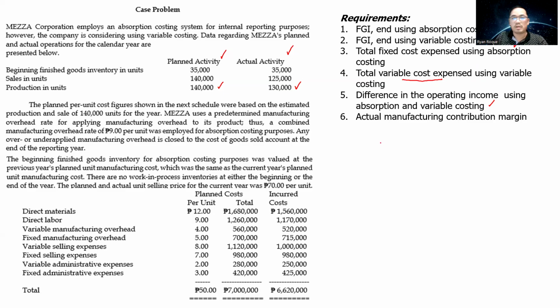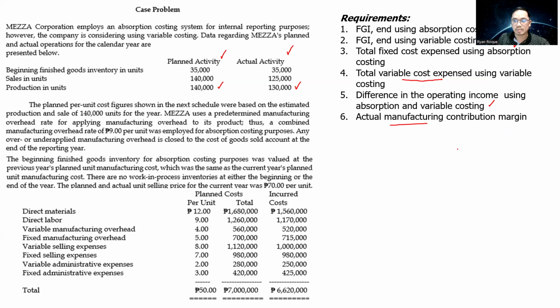And we are asked for the actual manufacturing contribution margin, meaning it's just sales minus your variable manufacturing cost. It's important that you know what you need from a very long problem like this.